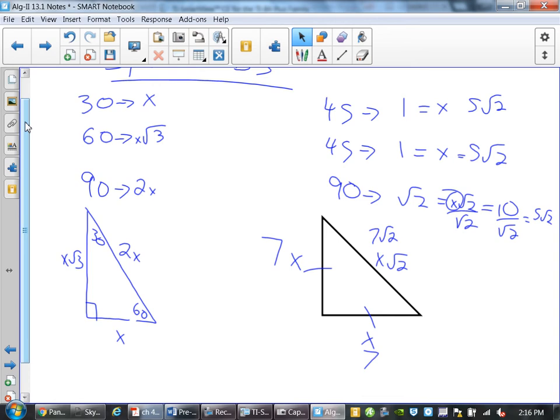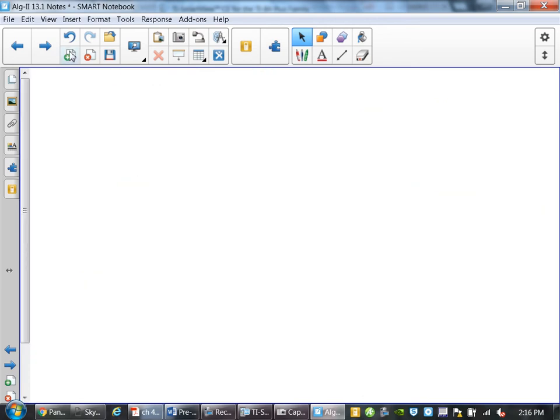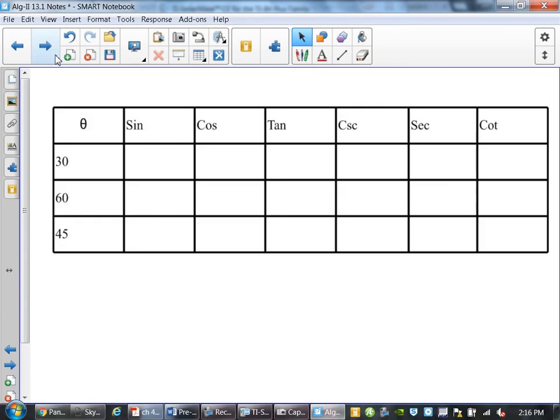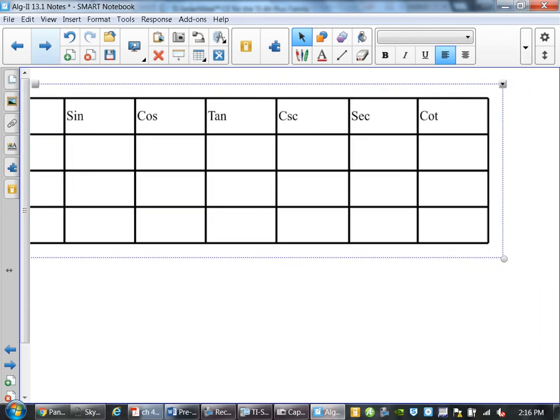Now, if I'm looking at this in terms of 1s and root 2s, let me show you. If I want to find the sine of 30, cosine 30, tangent, oh, you know what? Let's make it blow this up a little bit better.